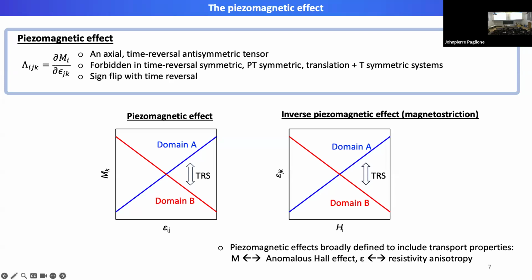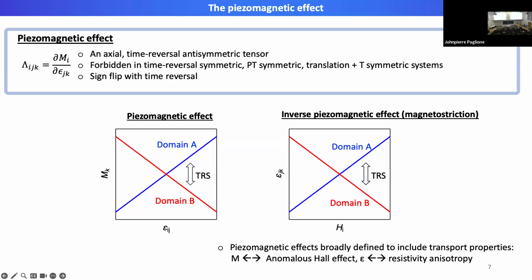Lastly, although the piezomagnetic effect itself, strictly speaking, is a thermodynamic quantity, we can also try to extend the definition of the piezomagnetic effect to include a few transport properties. For instance, we can extend the magnetization here to the anomalous Hall effect, while for the lattice deformation, which is an anisotropic deformation, we can extend it to resistivity anisotropy.